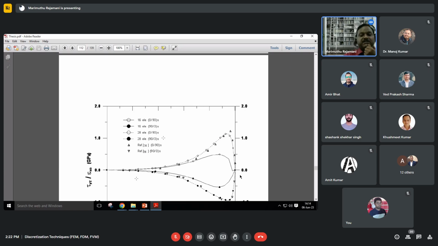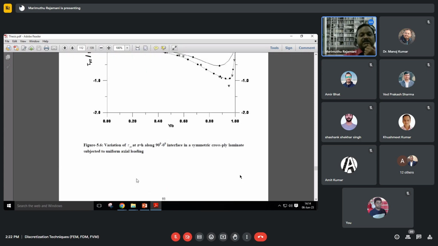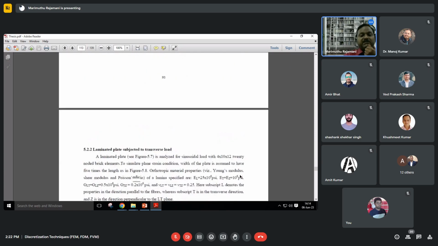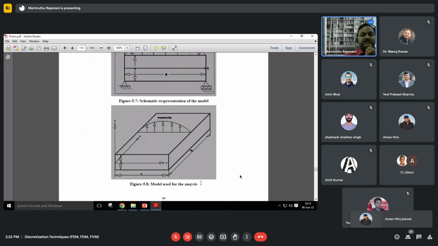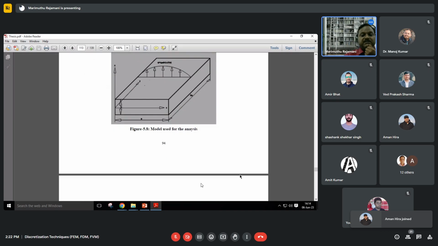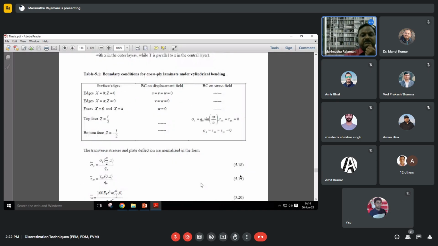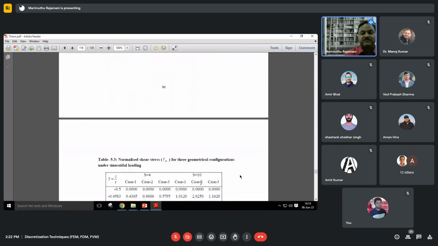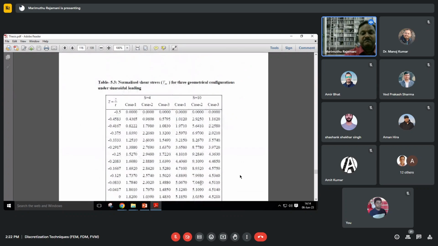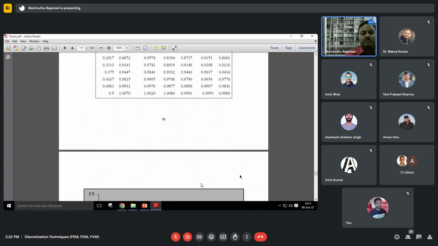And the other thing is, we have solved another problem also where the load varies sinusoidally. Actually, we would have to go into very much detail to explain the problem itself. That's why I'm rushing through.